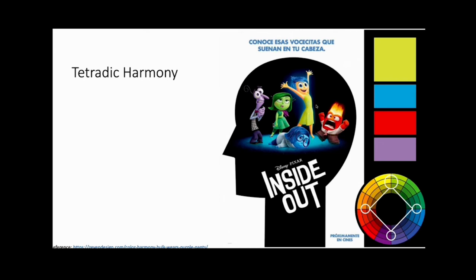But each piece has its own color scheme, which kind of sets it apart. And it works really well for this movie poster. Now, if you had all of these colors working all together, it could get a little much, but this is a really good use and representation of the tetradic harmony.